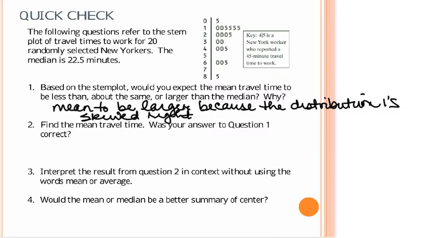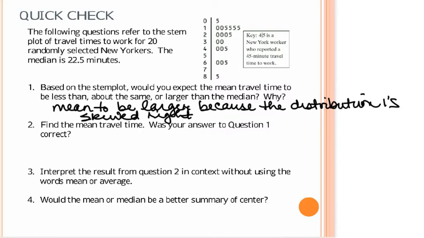Okay, so then it wants us to find the mean travel time, and I would suggest that you plug this into your calculator right now, and I'm going to give you a few seconds to do that. Time's up. Were you able to do it? I suggest you pause this so that you can find out the answer yourself.